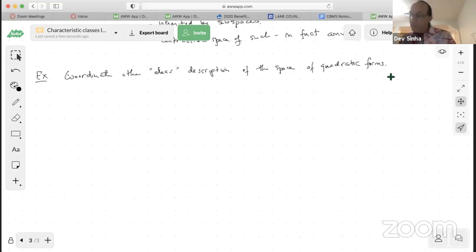So let's give a couple applications of this notion of a metric on a vector bundle.